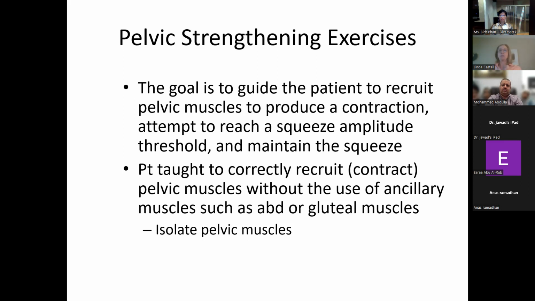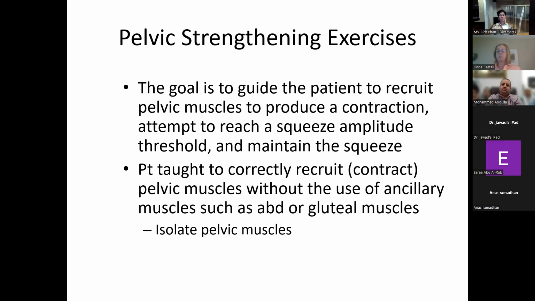When they try to squeeze, they should see their activity go up on the monitor. And if they do, we're saying, yep, you're using the right muscle. Do you see how this activity is rising on the graph? So we're always giving them feedback that they're contracting the right muscle.